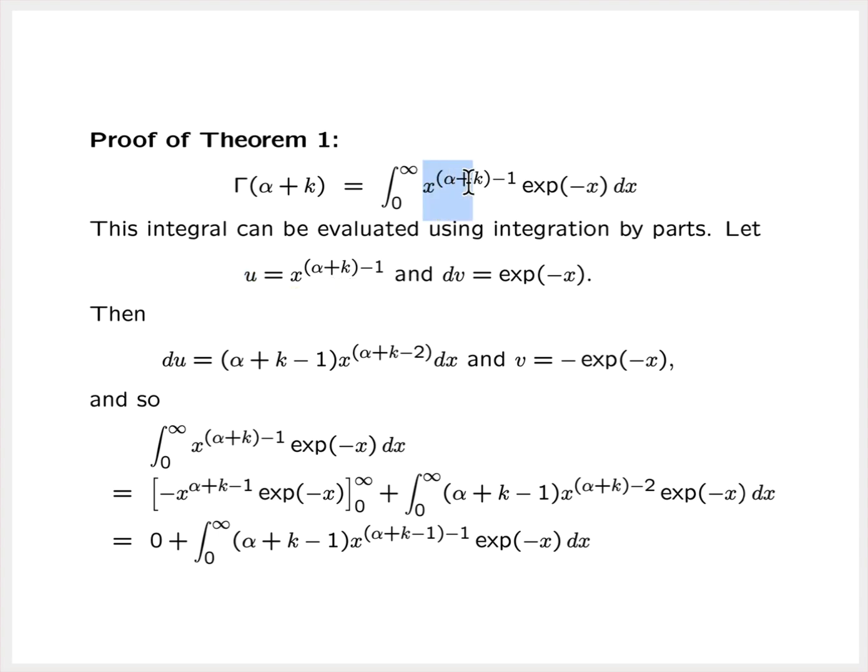So I'm defining this quantity here in the integrand to be u, and I'm letting the differential of a variable v be equal to the exponential function evaluated at negative x.